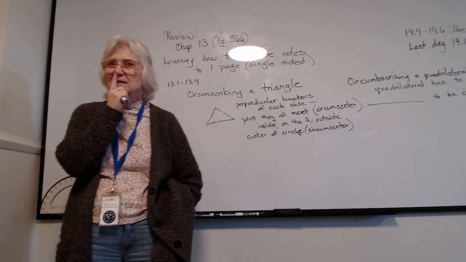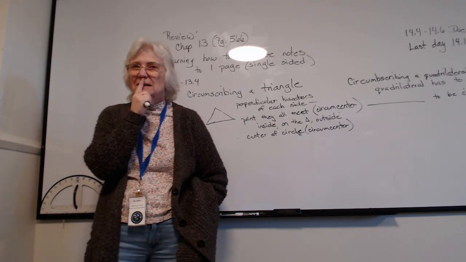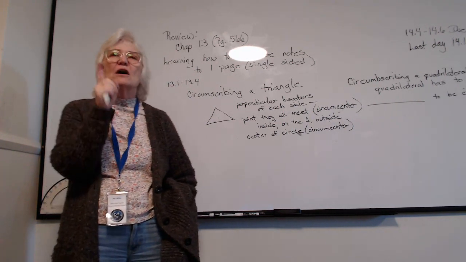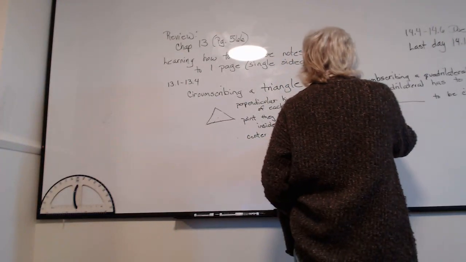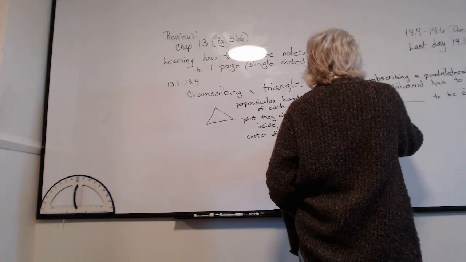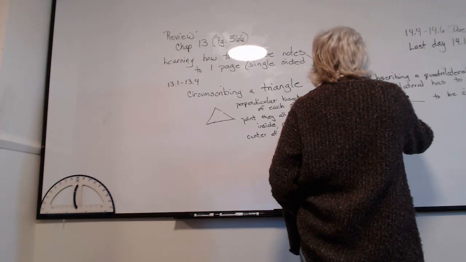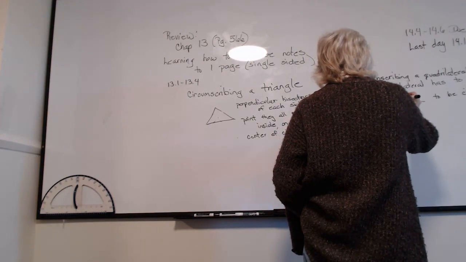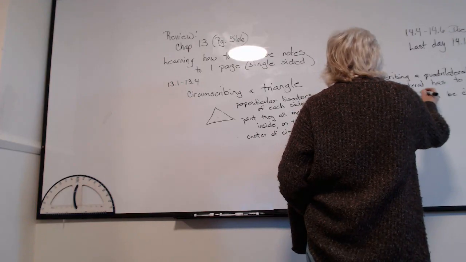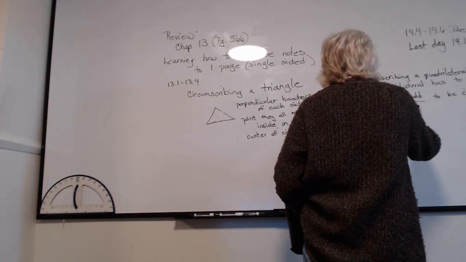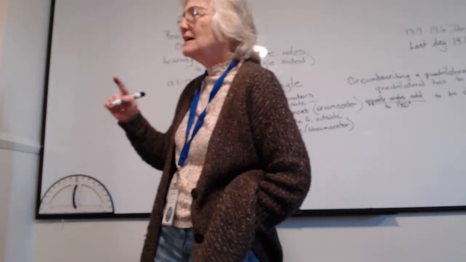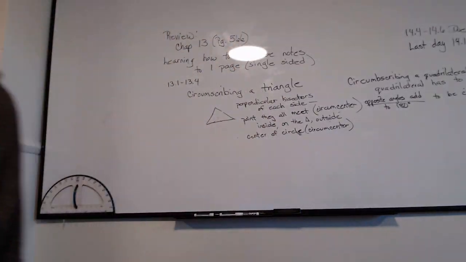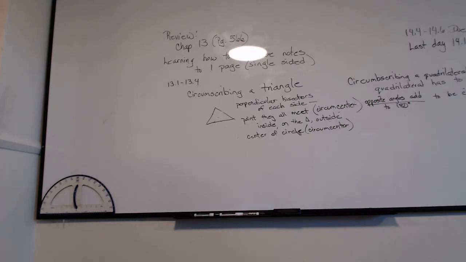They have opposite angles that are supplementary. That's right, opposite angles. It's just what's on my paper. Oh yeah, I should have read my paper. Opposite angles add to 180 degrees.